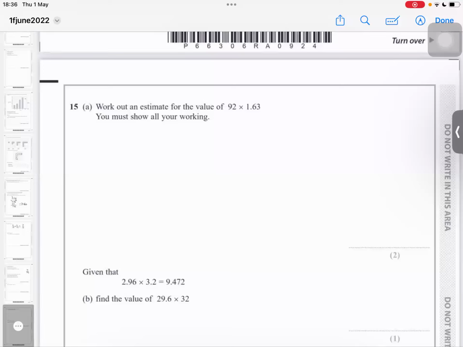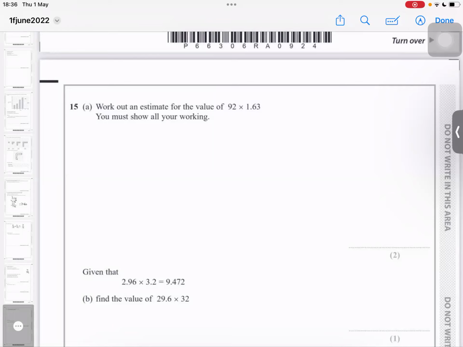So if you were to round that to the nearest whole number, what do you think it would be? 2, yes. So that would be 92 times 2.